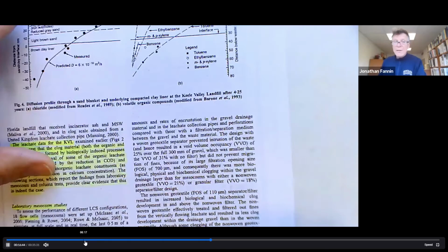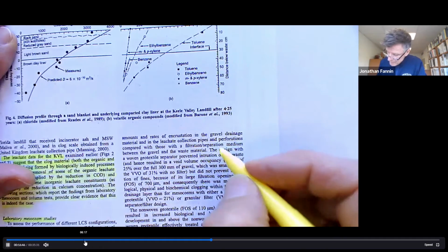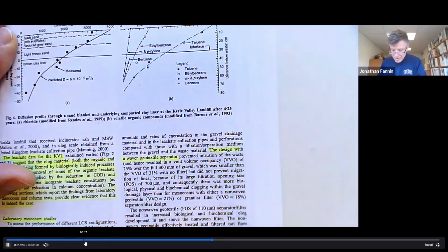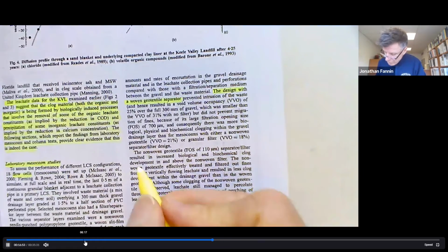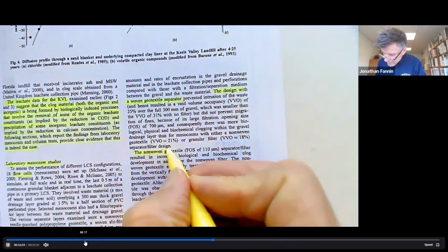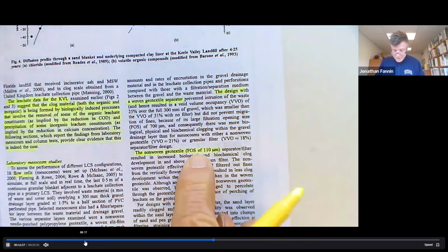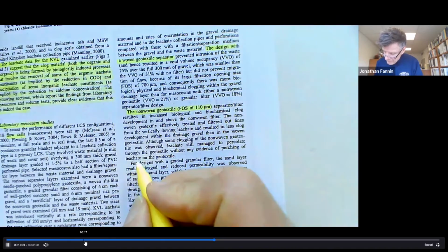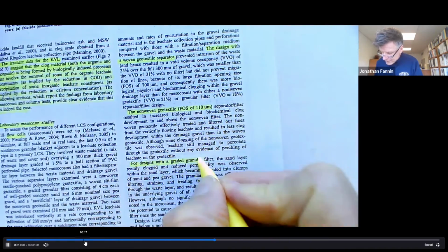And they speak to their lab experiment with a woven geotextile separator, a non-woven geotextile separator. There's a filtration opening size or apparent opening size, and experience with graded granular filters.